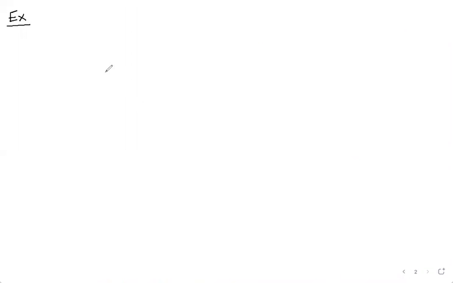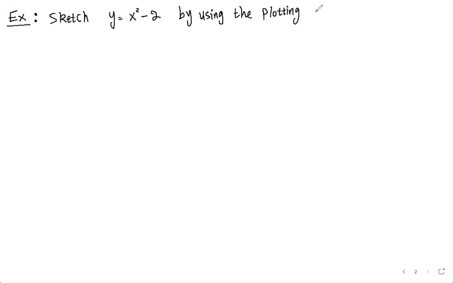So example 2, again, sketch the graph y equals x squared minus 2. Same idea exactly by using the plotting points.